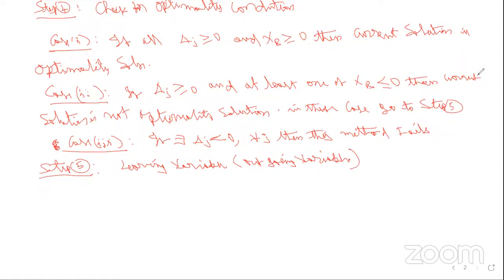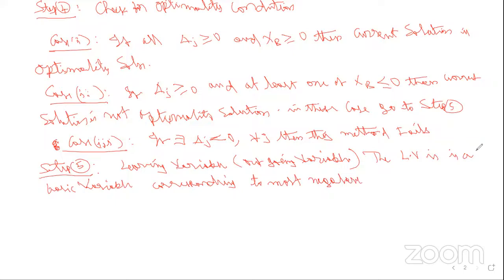The leaving variable, LV, means leaving variable or leaving vector, is the basic variable corresponding to the most negative value of xB, let us say xK.